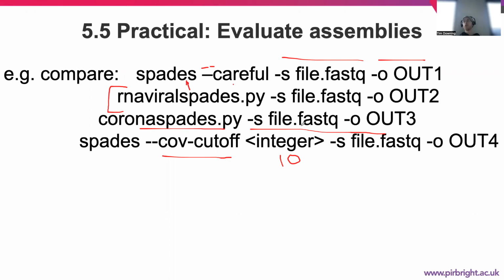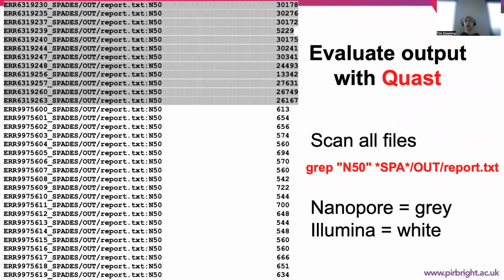One thing I would note with our samples is that you might find that these Nanopore samples, when I ran them, I got mostly decent N50s, whereas for the Illumina data, that didn't look like the case. So you might have to try hard with the Illumina data to actually get it to assemble properly, if at all. You should bear in mind that input data may not assemble well.